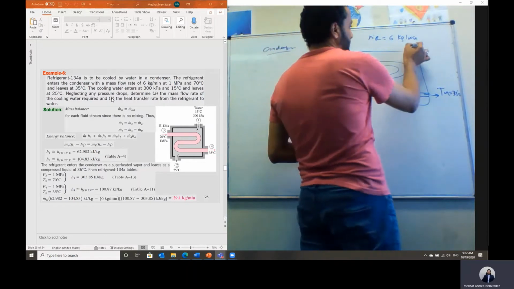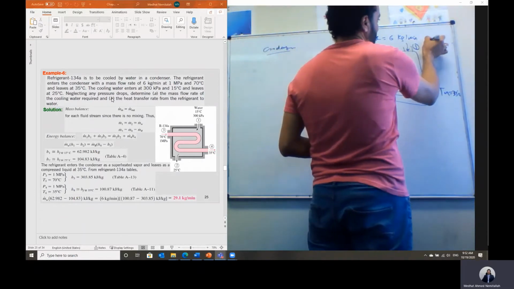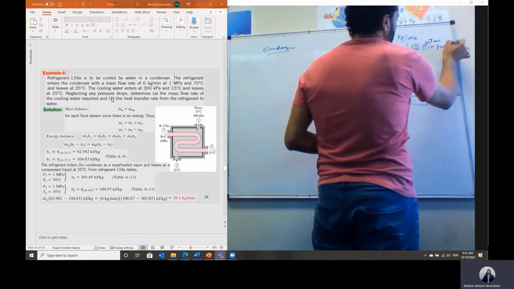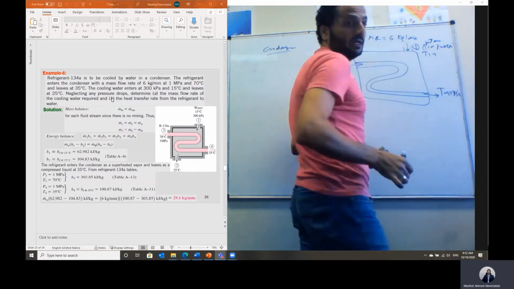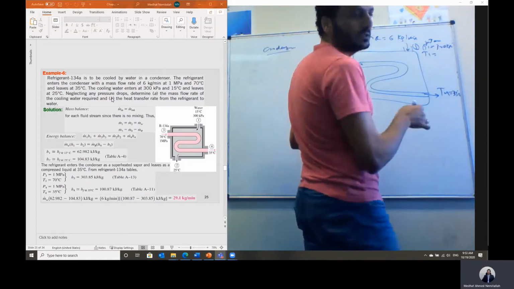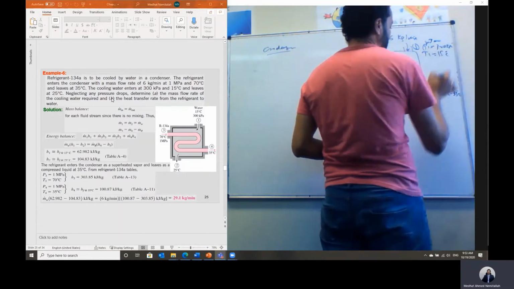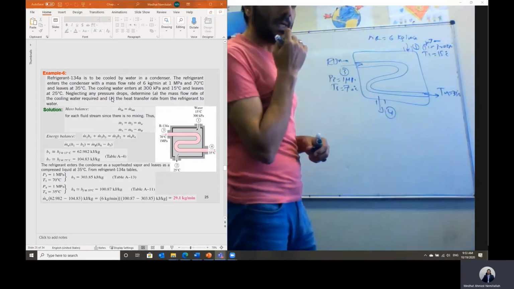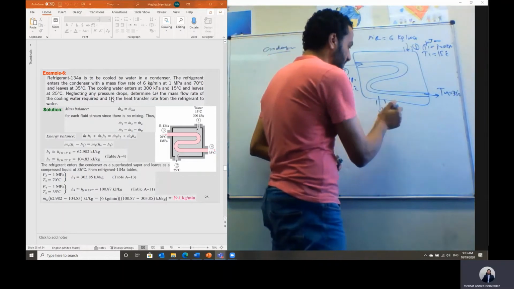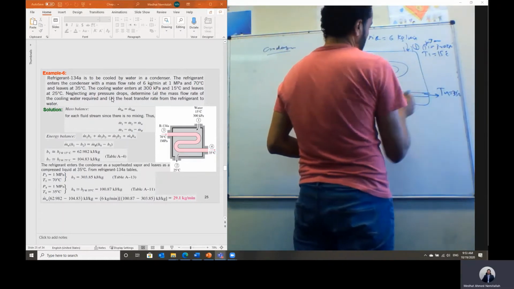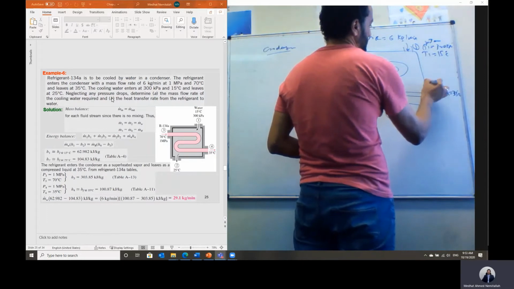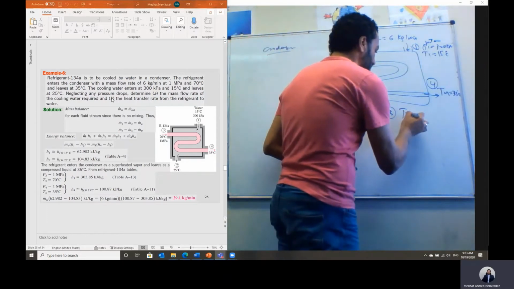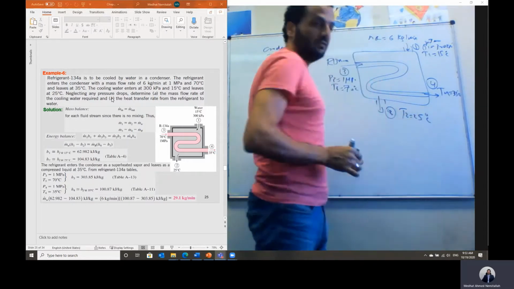The water is coming here at cross section 1 at pressure P1 equal to 300 kilopascal and temperature T1 equal to 15 degrees C. And this cold water is leaves at cross section 2. So this is 1, this is 2, this is 3, this is cross section 4. It is leaving at cross section 2 at a higher temperature, T2 equal to 25 degrees C.